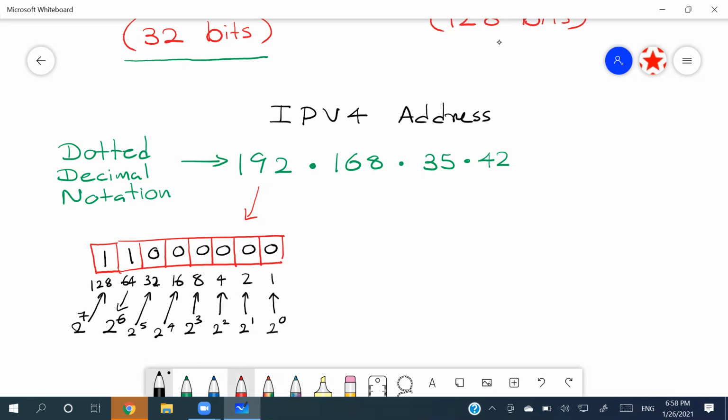So this particular set of bits is called an octet, right? So actually this is the first octet.